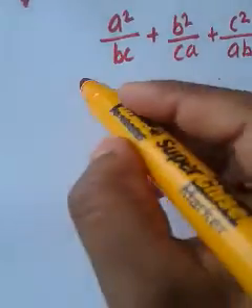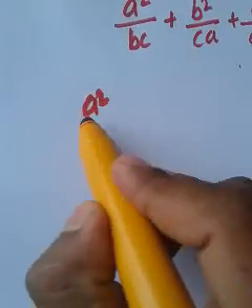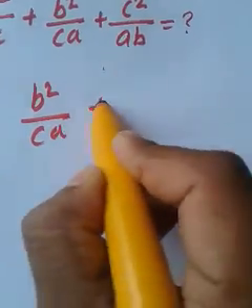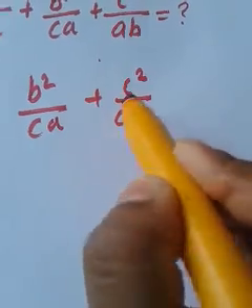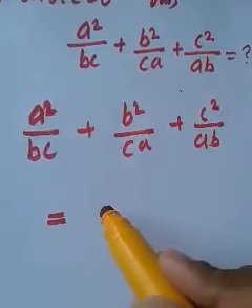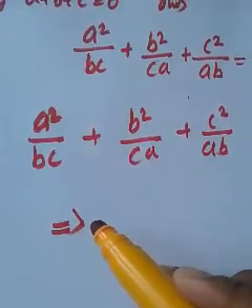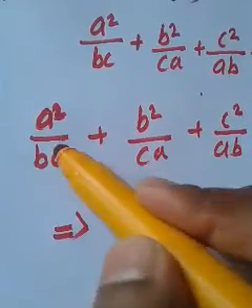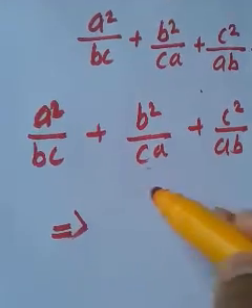That is our question. So a square by bc plus b square by ca plus c square by ab is the expression which I need to calculate. What I am going to do is, do not ask me why I am doing like this, you will understand later.